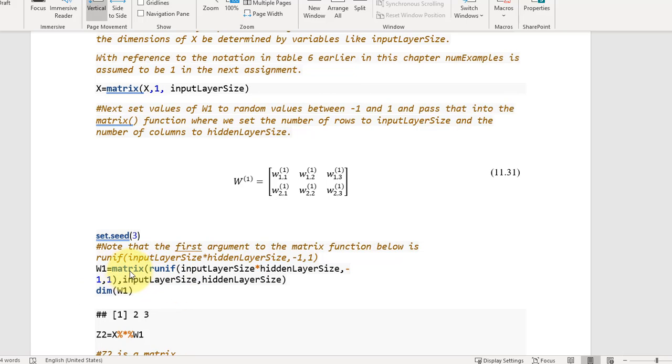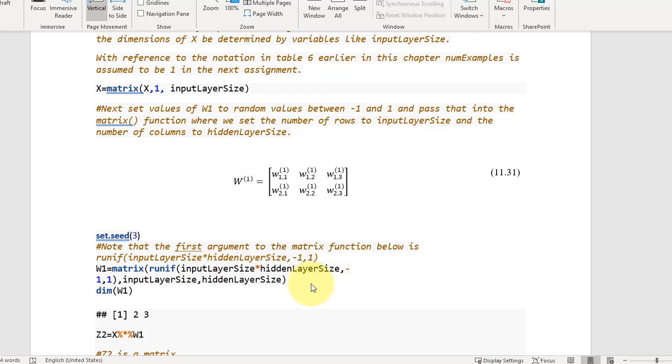So we want to create a matrix. We're going to use the random number generator, runif, which means random numbers selected from a uniform distribution. I'm not going to talk about what is meant by uniform distribution, but you can look it up. It's very simple; we'll just say they're random numbers.